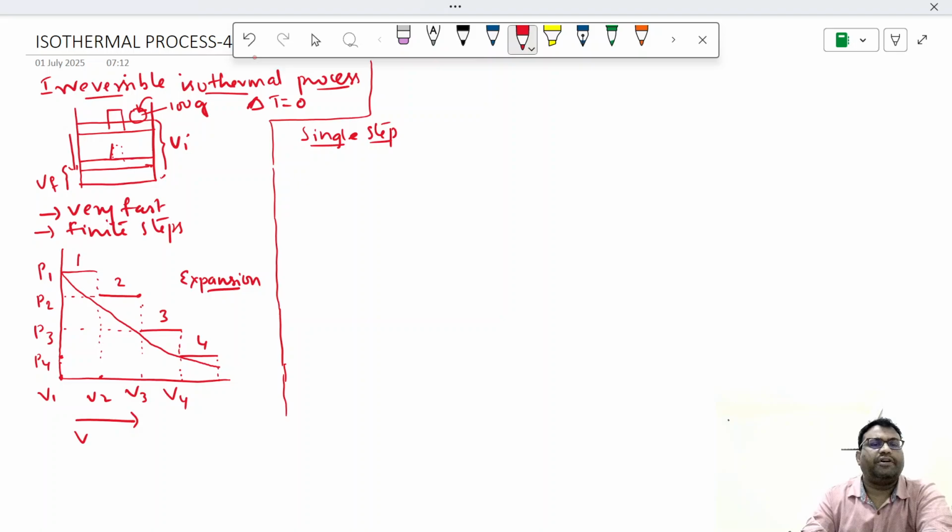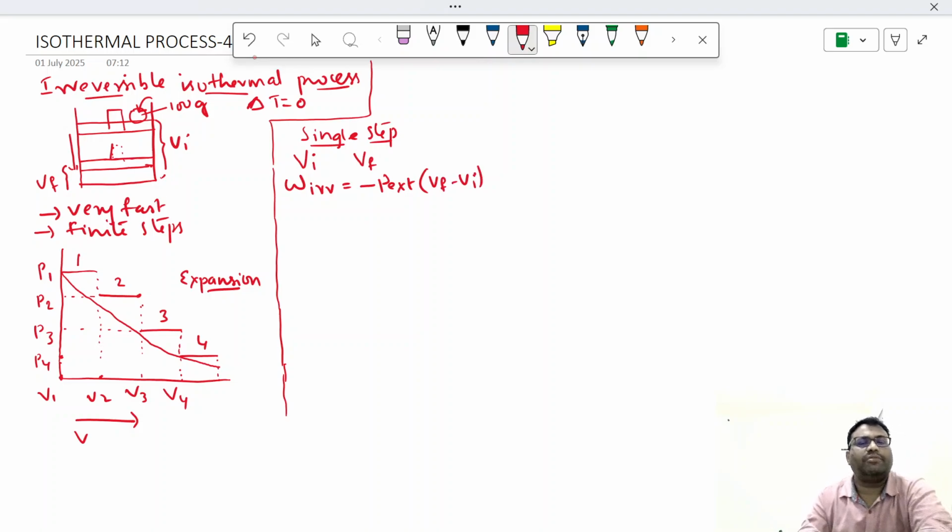In a single step, initially the volume is V initial, and finally the volume has become V final, right? Then what will be this work done? Work done in irreversible process is equal to minus P external into V final minus V initial. So this is the formula to calculate the work done during irreversible process.